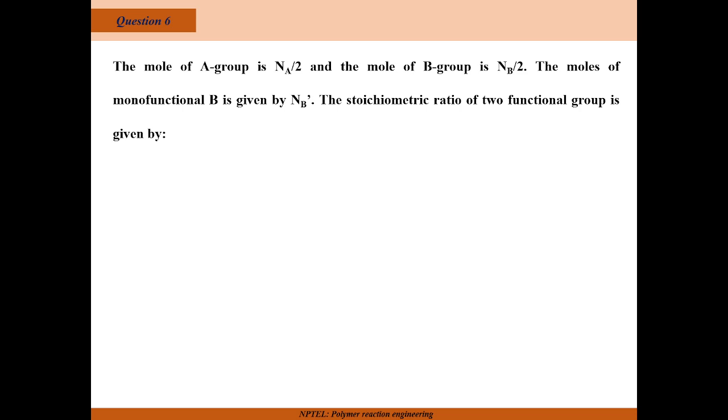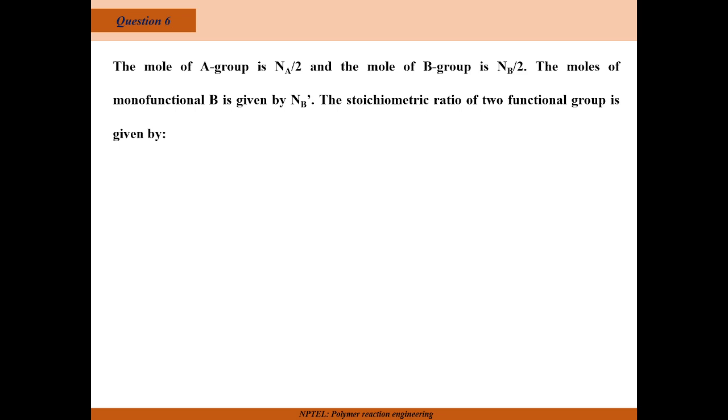Then the stoichiometric ratio of the functional group is given by R. In the class multiple equations were given, with typical two cases. The first case was the one we discussed earlier where there is excess of BB. Now here is an addition of a monofunctional B, and the number is given by Nb prime. So this is the question.